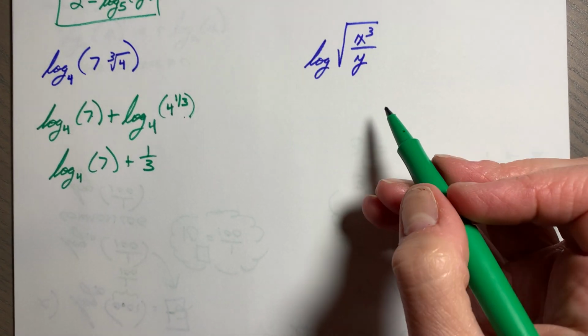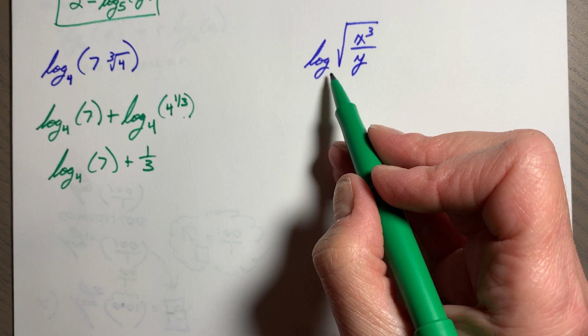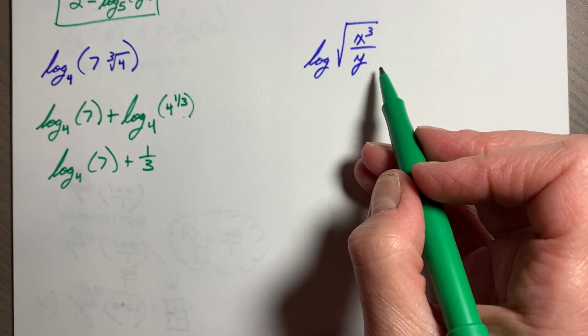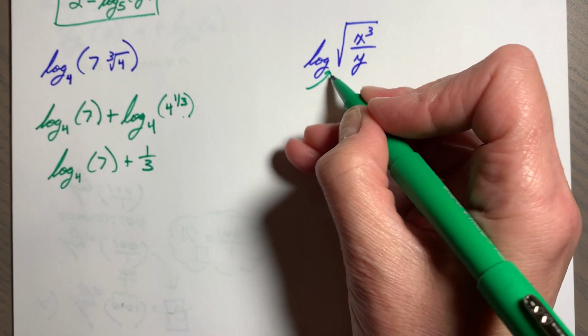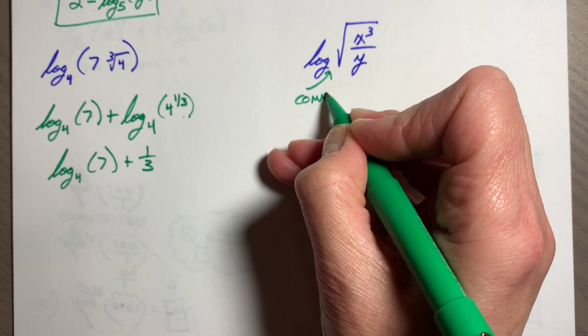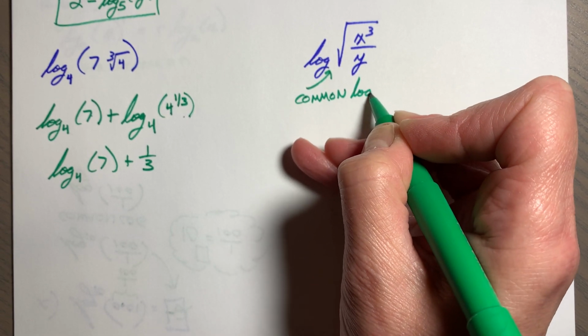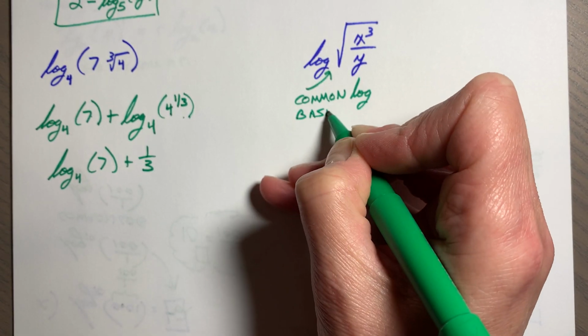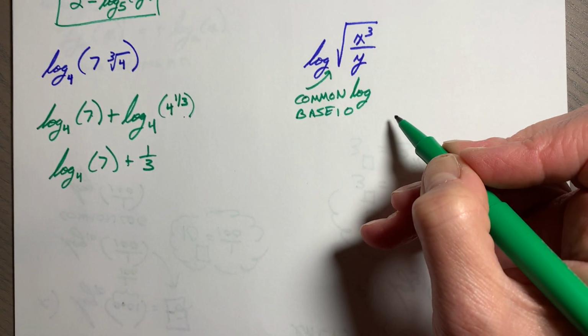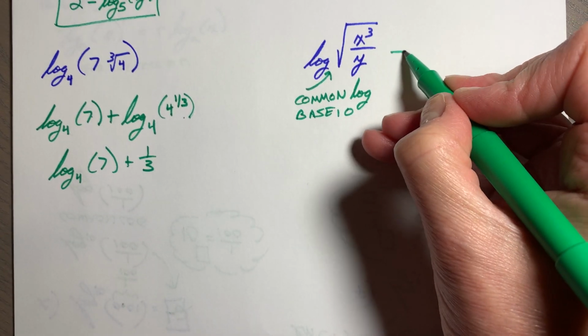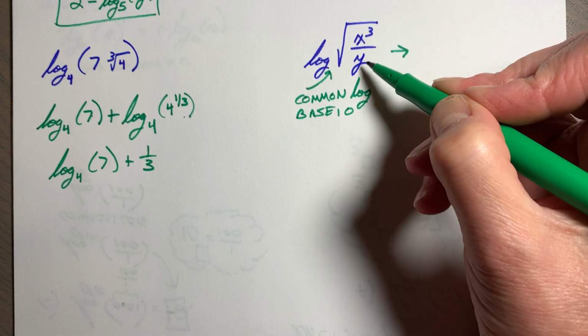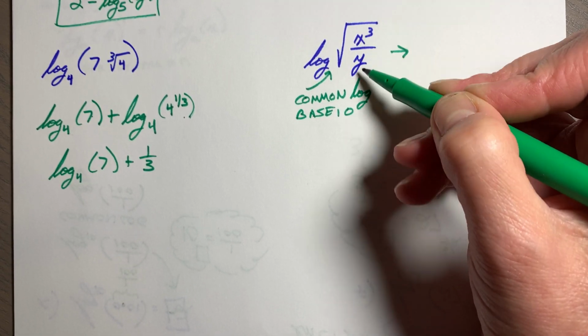Let's try one more here. Now we have a common log. So just notice here, if there's no base, we're going to call that a common log. It has base 10. Now, I think the easiest way to simplify this is to use a rule about radicals.